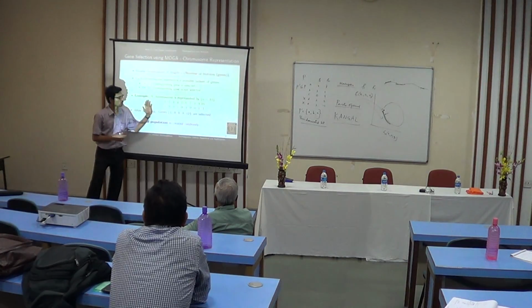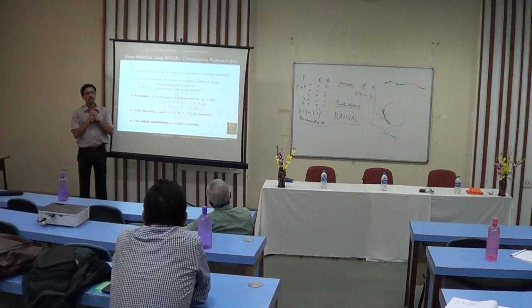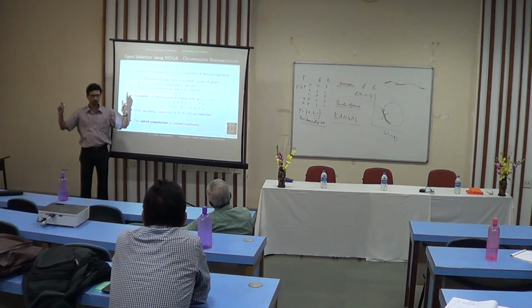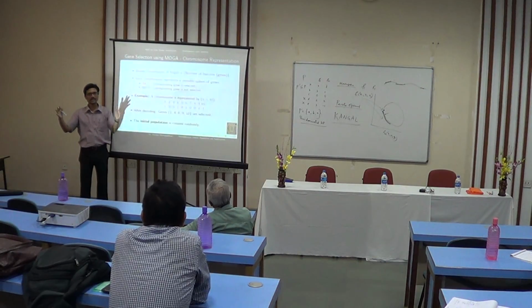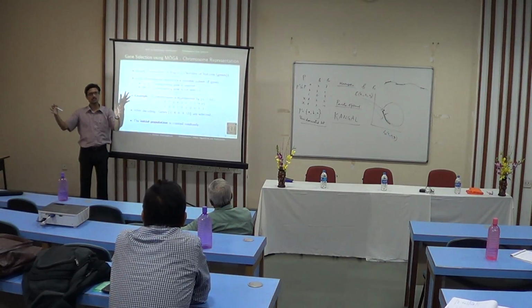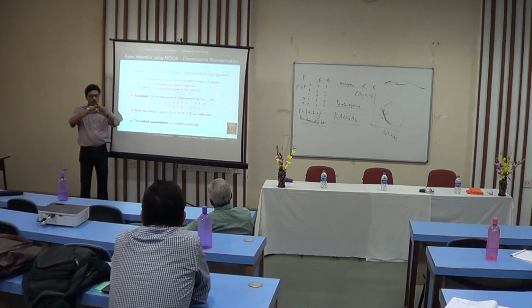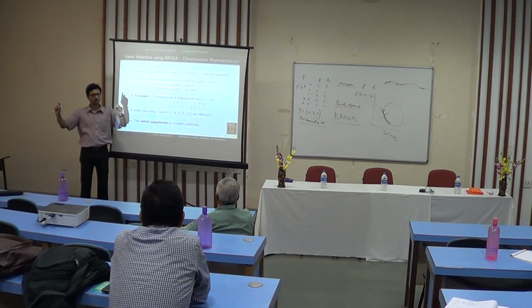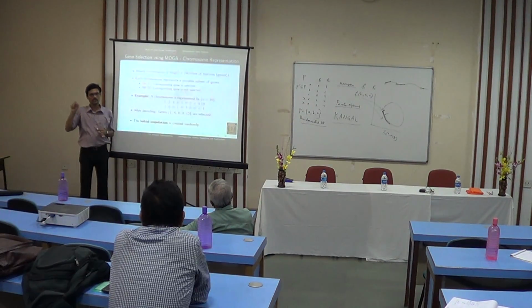So if you have, suppose, a total of 10 genes, we design a binary chromosome of length 10. You don't have to input L, because it depends on the problem, on how many genes you are dealing with. So you have a binary string of 1s and 0s, and the string length will be 10 as you are dealing with 10 genes.